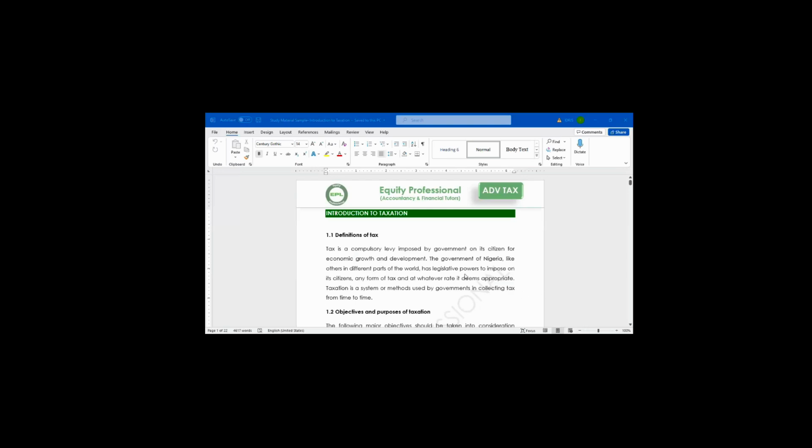So apart from the definition of tax, we have another definition called taxation. What is taxation?